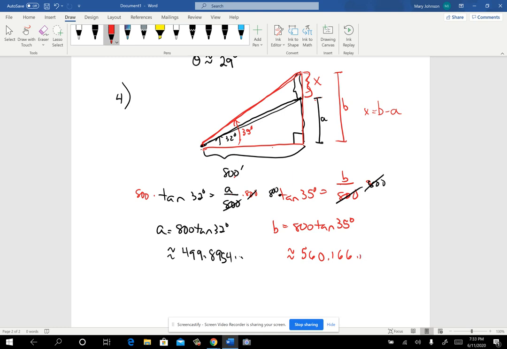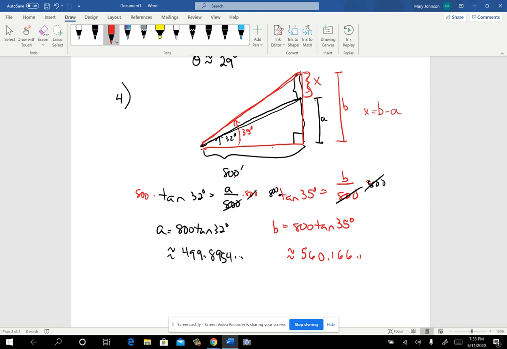And then we're supposed to find the height of the sculpture to the nearest tenth of a foot, okay? All right, so normally I just keep quite a bit of accuracy on things and then I round at the end. So I'm going to take the 560 and maybe keep 2 decimal places of accuracy.